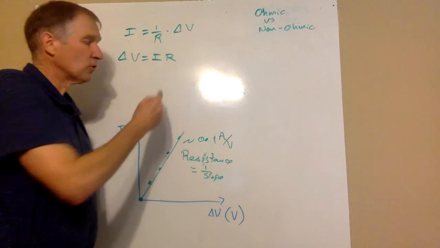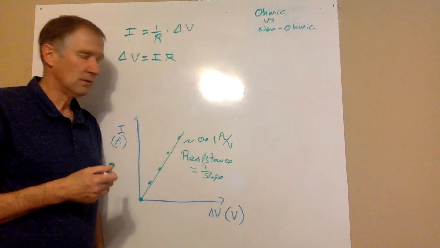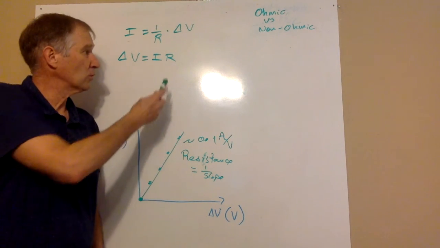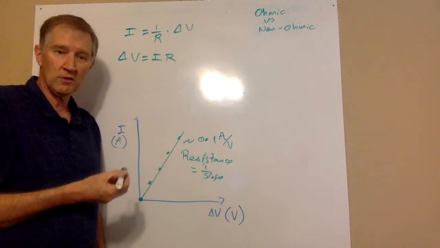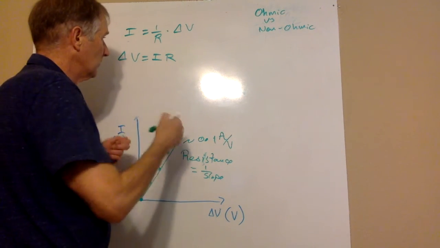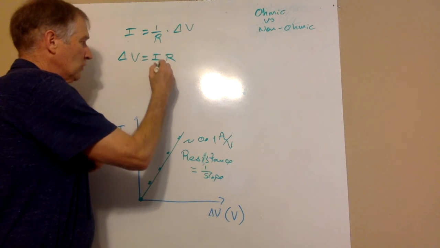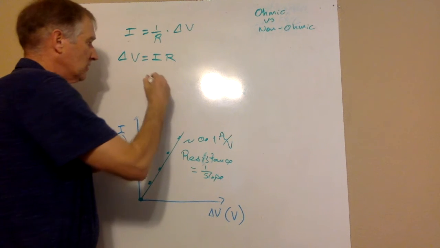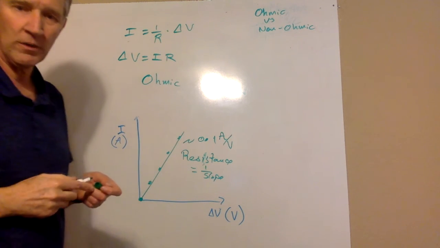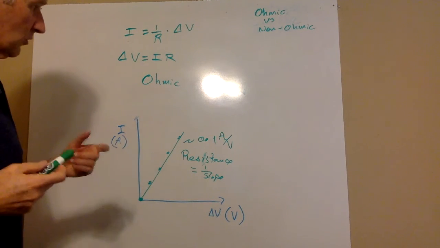A good resistor is one in which the resistance doesn't change much with temperature. So if it's linear, as this suggests, as we increase the voltage, we increase the current, but the resistance stays the same, we say it's ohmic. This resistor is ohmic.